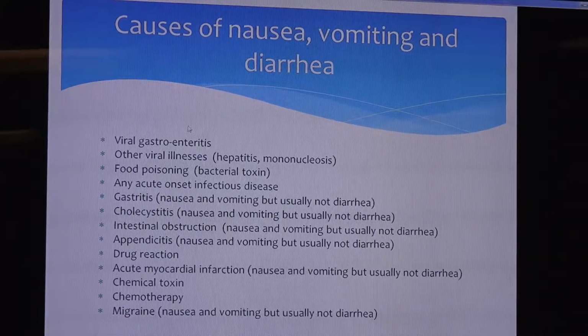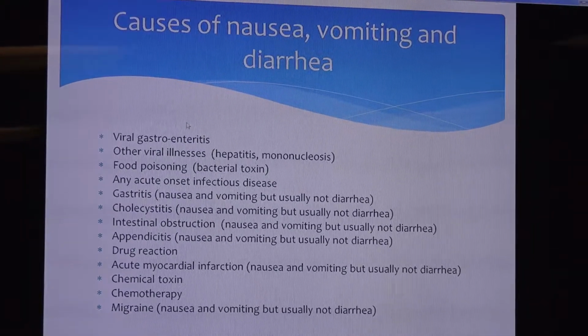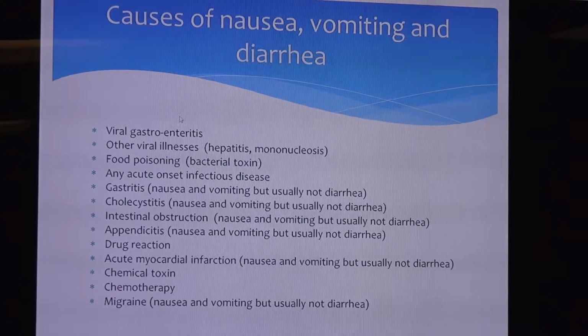And the bottom 5 are things that aren't caused primarily by the GI tract. So we've got nausea, vomiting, diarrhea being caused by things that have nothing to do with an actual GI cause. Drug reactions, heart attack will cause vomiting, chemical toxins, other poisons, chemotherapy, and migraine, basically a neurologic or vascular issue that causes nausea and vomiting.